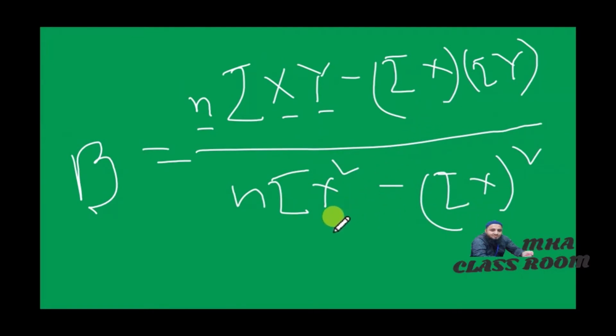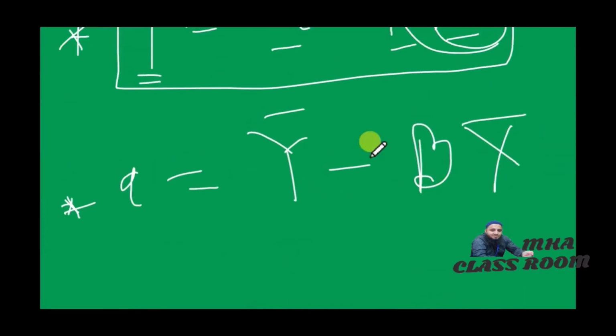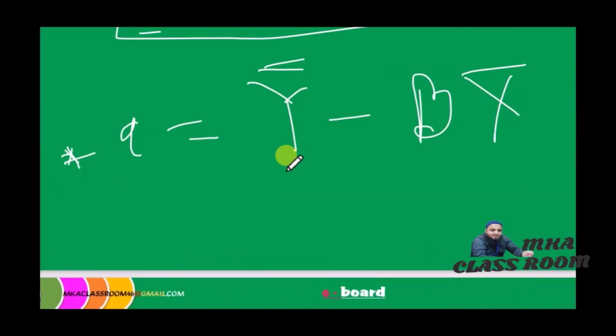And summation x and summation y are very easy, and summation x square. That is an easy formula. And here y bar means the dependent variable average and x bar the independent variable average.